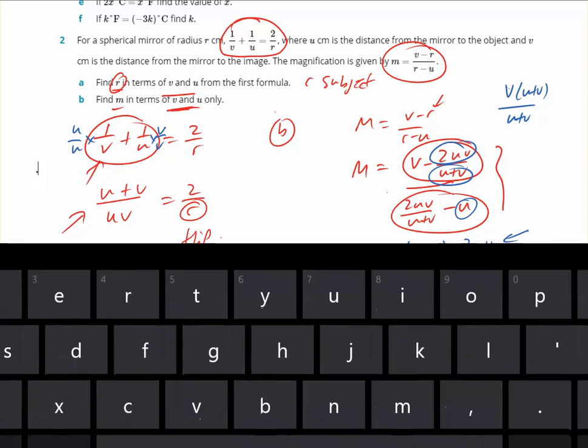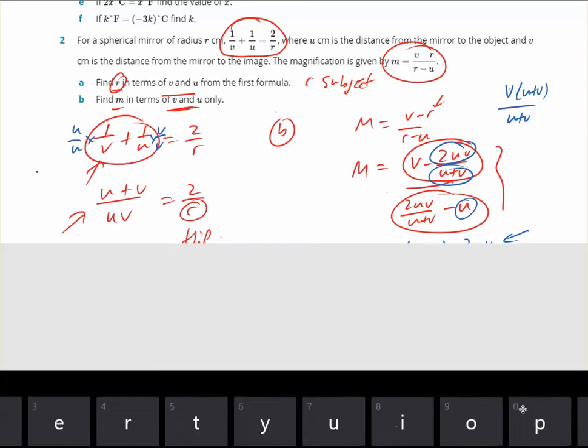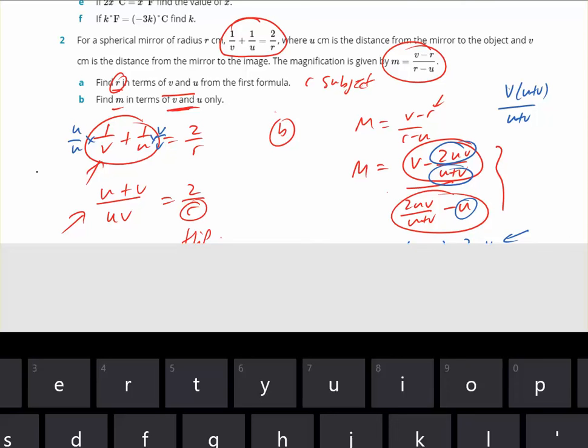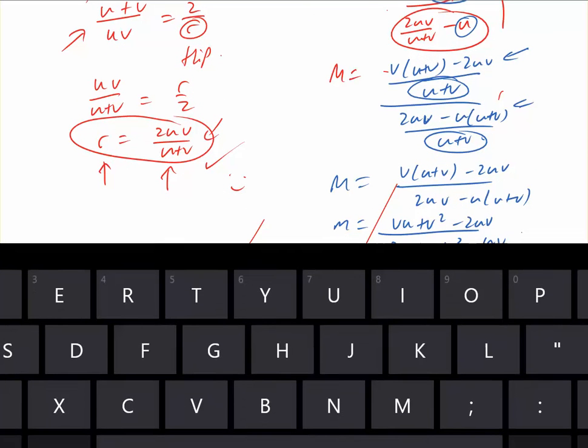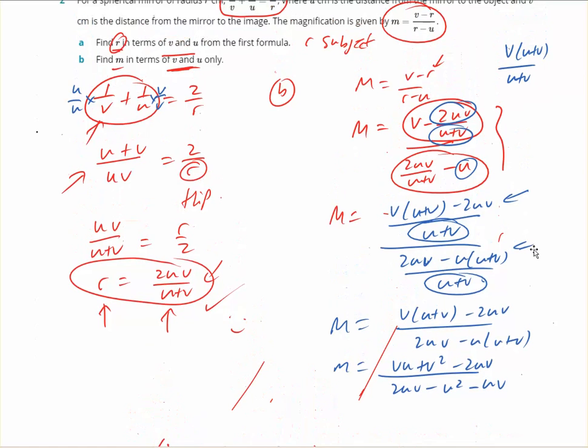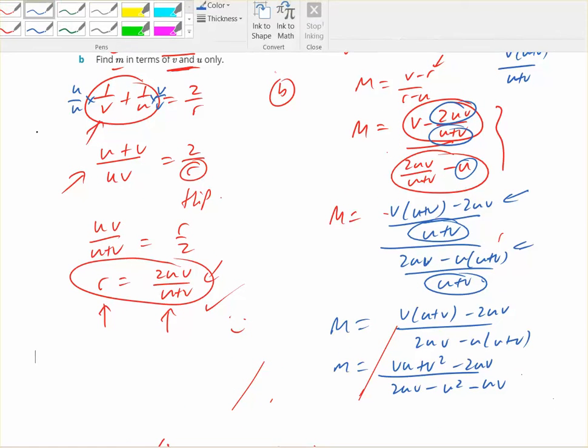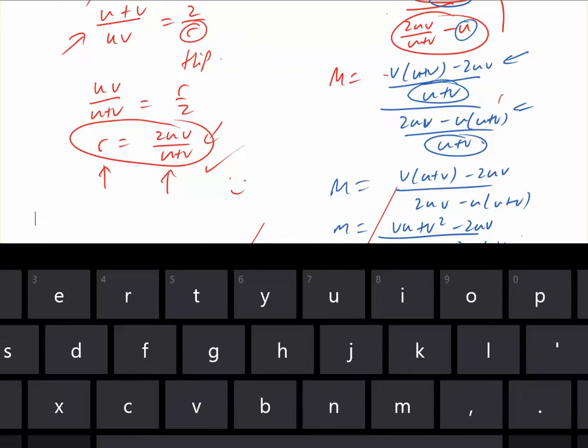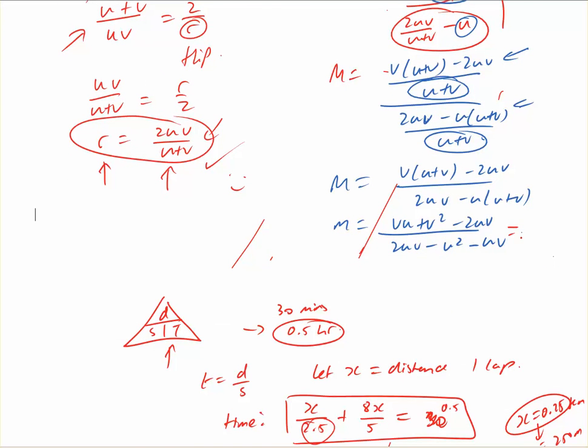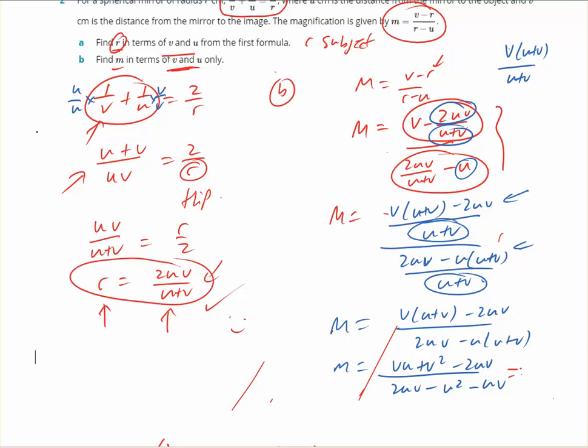We can see that I can simplify, because on the top you've got UV minus 2UV, so we're left with V squared minus 1UV.